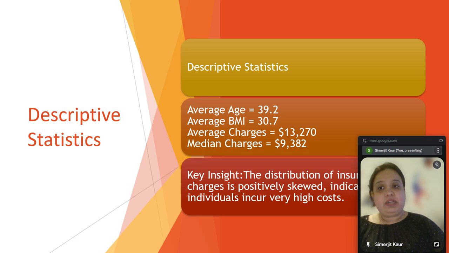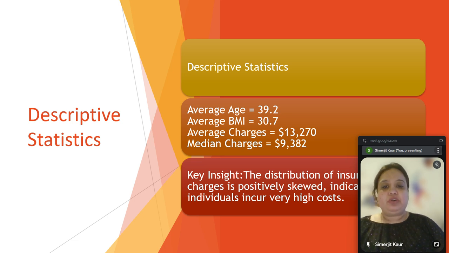Now, descriptive statistics. Descriptive statistics was used to summarize the dataset. The average age of individuals in the dataset is 39.2 years. The average BMI is 30.7, which suggests many individuals fall within the overweight category.